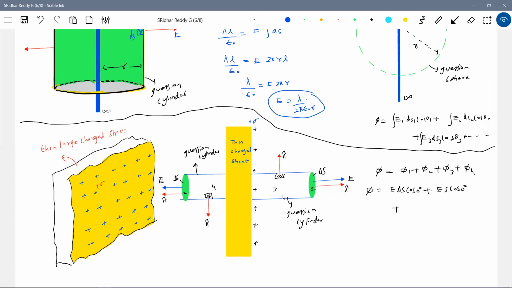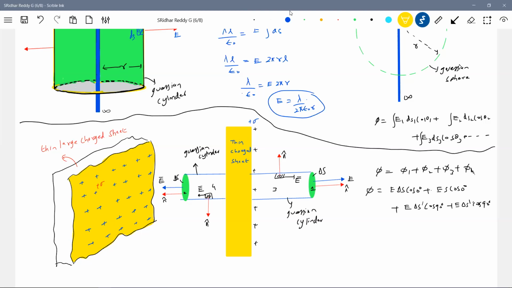Then what about this surface? E bar will be in this direction, but n cap is like this. What is the angle between them? It will be 90 degrees. Let me write it here. E bar, here also this will be E bar. Then E delta S dash cos 90 degrees.